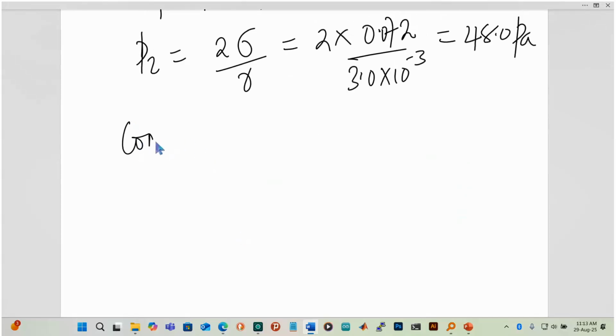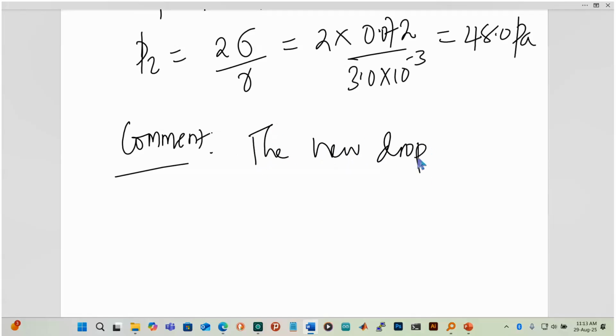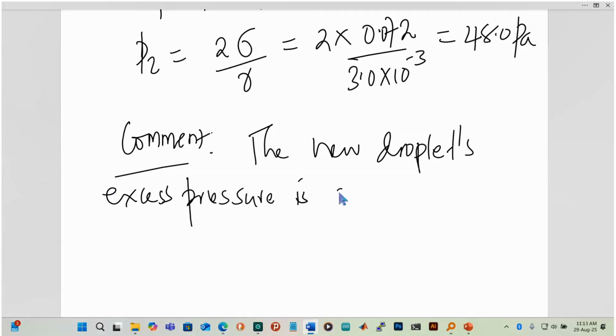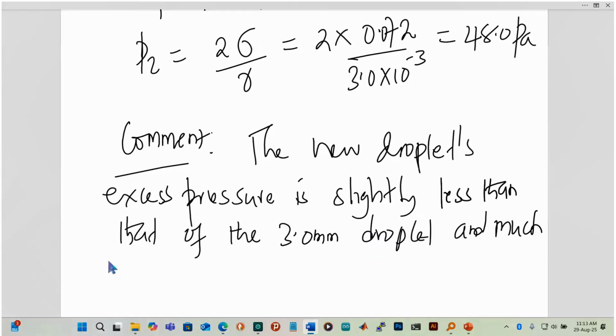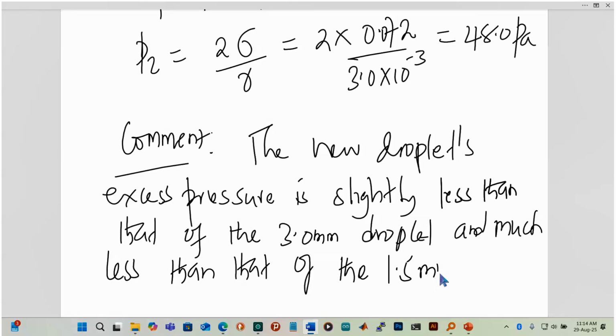So the comment: the new droplet's excess pressure is slightly less than that of the 3.0 millimeter droplet, and much less than that of the 1.5 millimeter droplet.